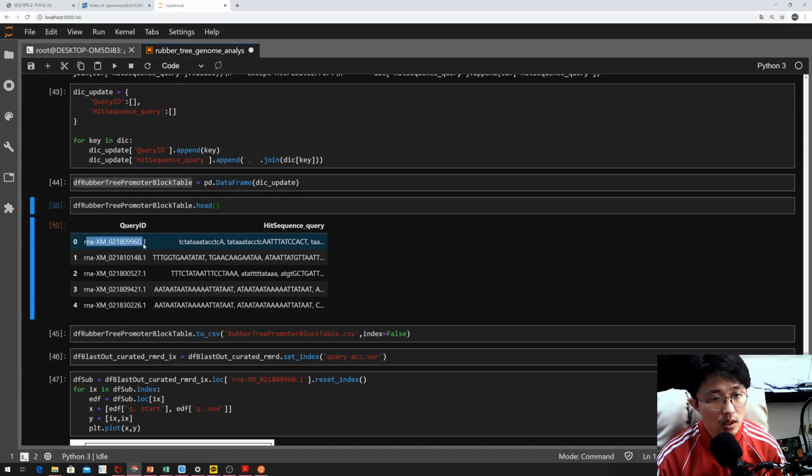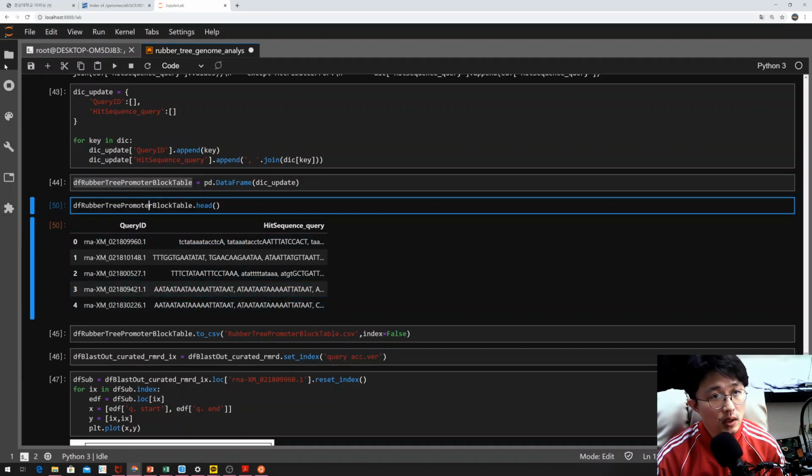This is the gene ID of the laboratory, and it has these sequences, right? If you want to list what kind of sequences are in laboratory, then you can open this file, right?